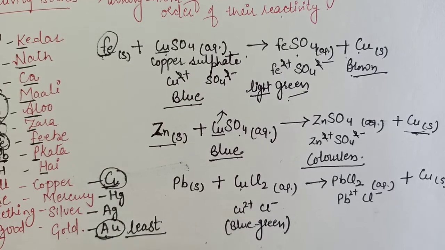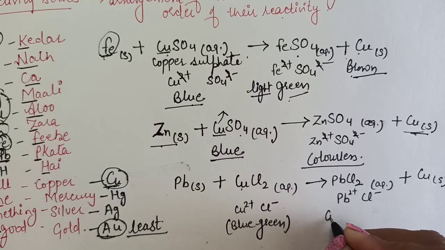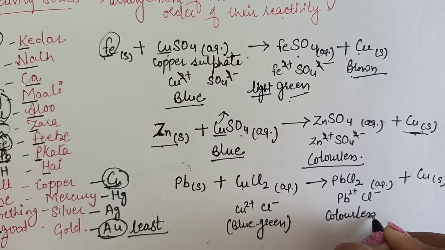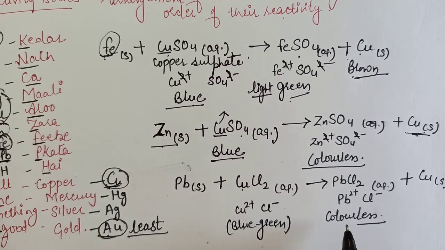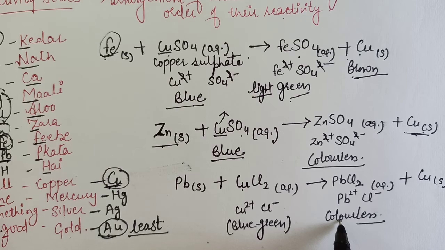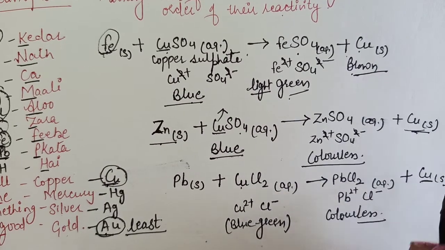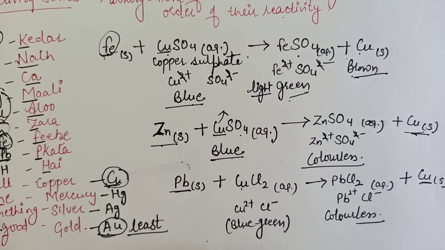The lead chloride solution is colorless, so you can write in the observations that the blue-green color fades. Gradually it fades away and the brown coating of copper is formed on lead.